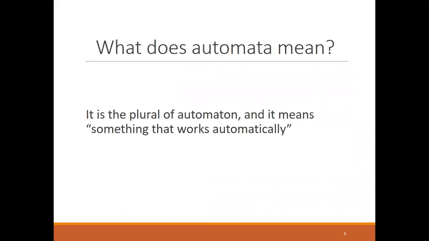The first concept that we are going to learn is automata. Automata is basically the plural of automation. Automation means something that works automatically. You are going to make the rules and principles by using which you are going to generate the words and strings of a language.